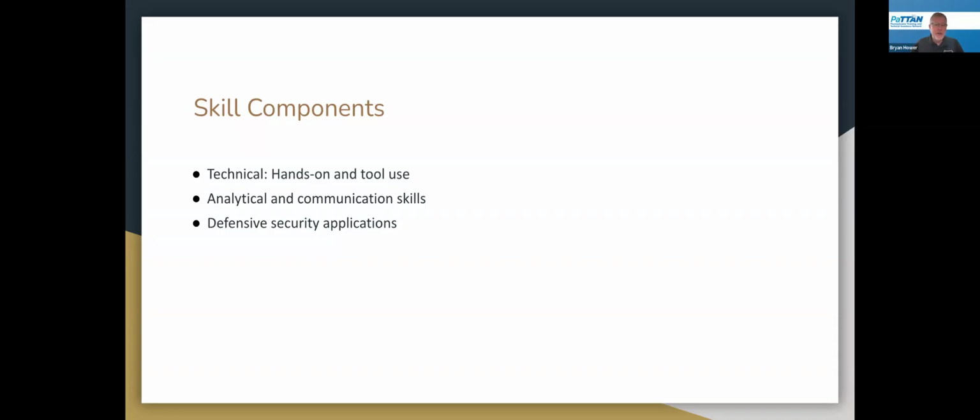For example, a security auditing standard might require technical skills in using scanners, analytical skills in interpreting results, communication skills in reporting findings, and defensive skills in recommending mitigations. Identifying these skill components helps ensure your curriculum builds on practical abilities, not just knowledge.